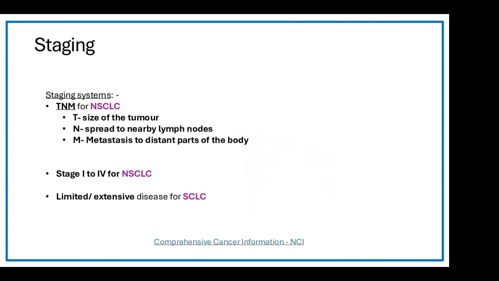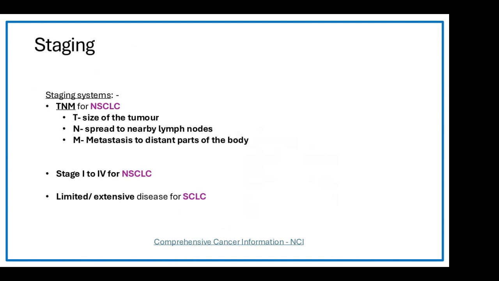So T is the size of the tumor. So it ranges usually from 1 to 4. N is whether it's spread to the nearby lymph nodes, and M means whether it's spread to other distant parts of the body. You also have stage 1 to 4, depending on how severely the cancer has spread as well.